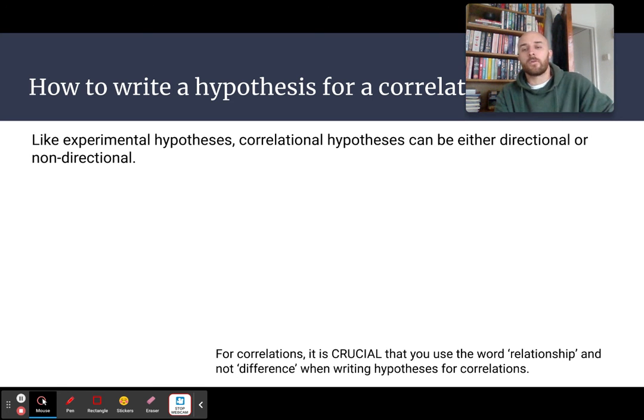Okay, so as you've seen from that last slide, correlational hypotheses can also be directional or non-directional. So you're either going to say there will be a relationship, don't know which way that's going to go, that would be non-directional, or you're going to say there will be a positive correlation, there will be a negative correlation.